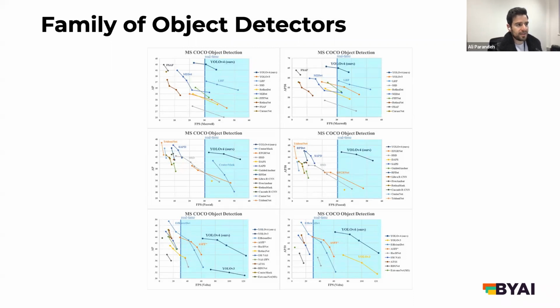The blue area of this performance chart shows that as you increase the FPS value, the accuracy, the average precision, still remains relatively high, around 65%, compared to all the other object detectors out there.